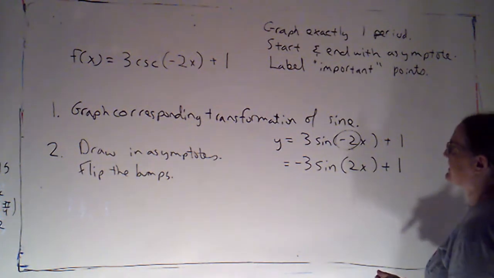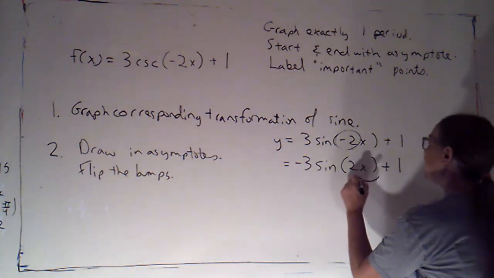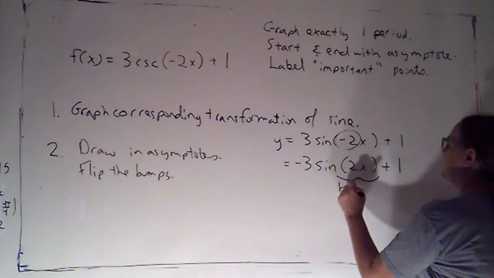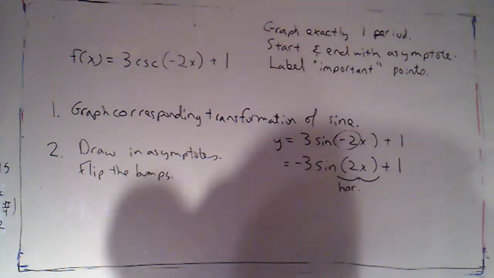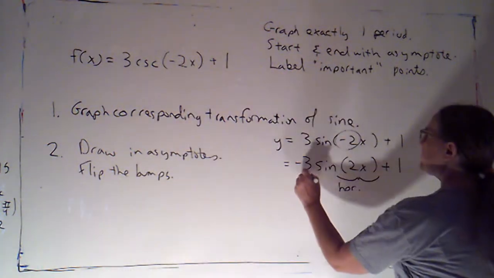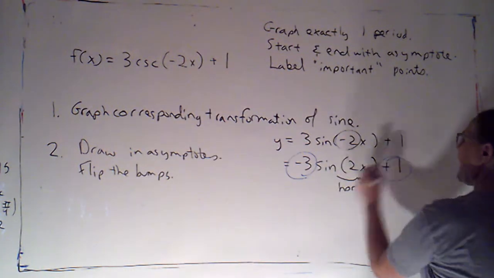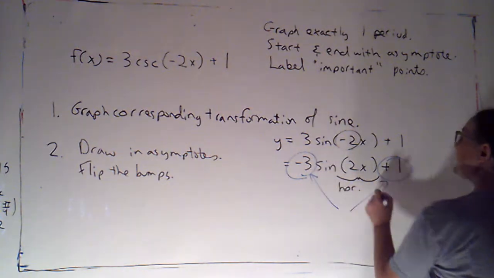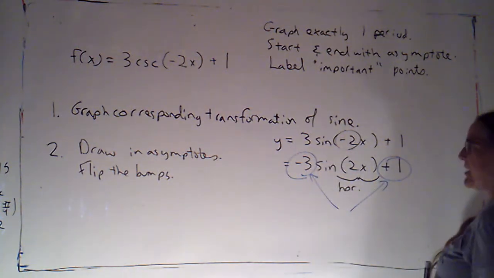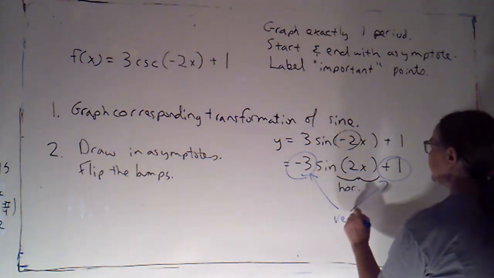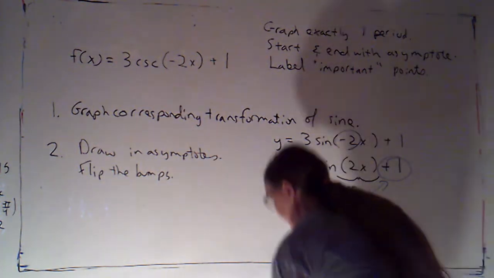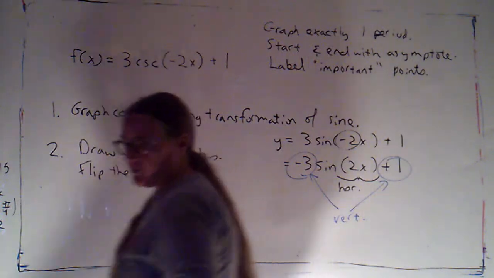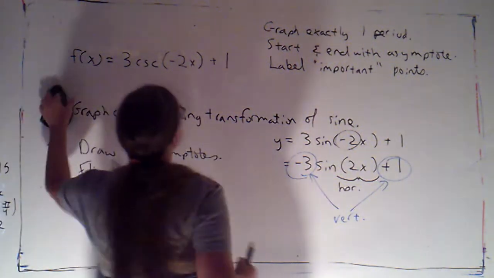Now, what I'm plugging into sine, that multiplication by 2 is going to affect a horizontal transformation. The multiplication by negative 3 and the adding 1, we're doing that after we evaluate sine, so that's going to give me vertical transformations.